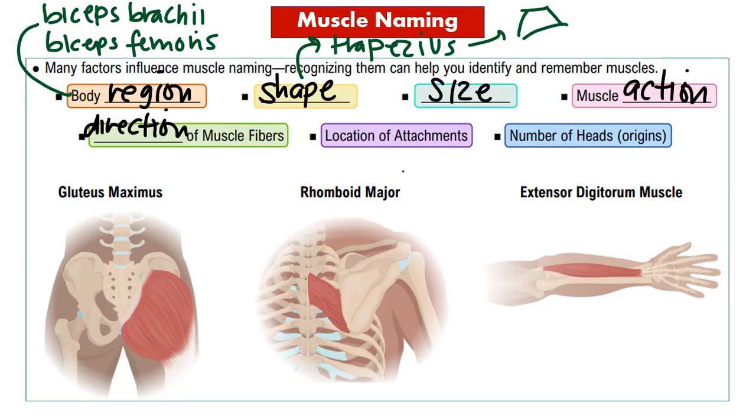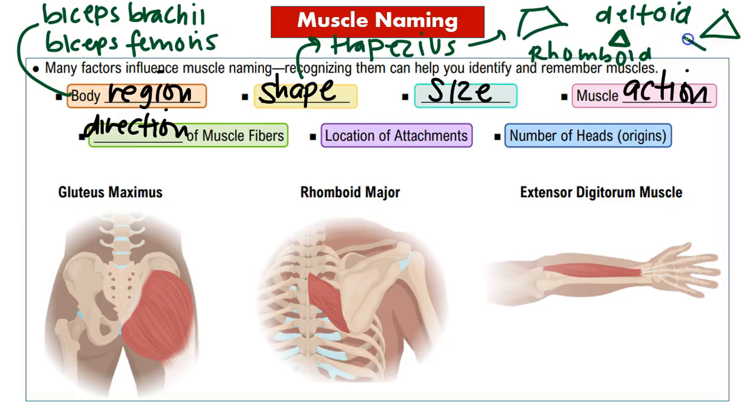Also, we have the deltoid, our shoulder cap muscle that we saw. Delta means triangle. If you're thinking of other classes like chemistry, for example, the change in this, final minus initial, that delta symbol is where we're getting our deltoid. It's probably going to be some kind of triangle shape. We also can have rhomboid.